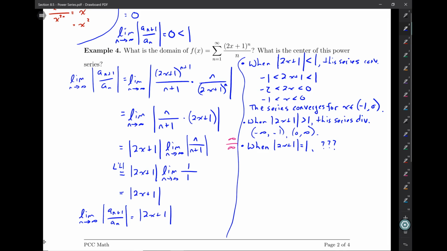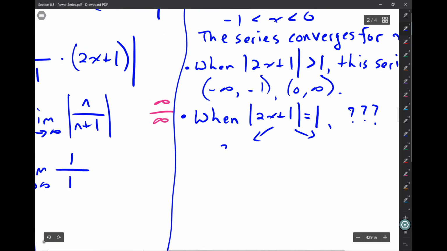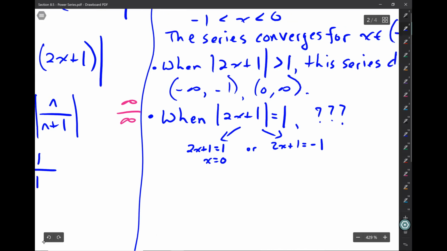Now, absolute value of 2x plus 1 equals 1 can be split into two different equations. That is, 2x plus 1 equals 1, or 2x plus 1 equals negative 1. This leads us to subtracting 1 from both sides on the left one, dividing by 2, and we get x equals 0. Over here, we subtract 1 from both sides, divide by 2, and we get x is negative 1.